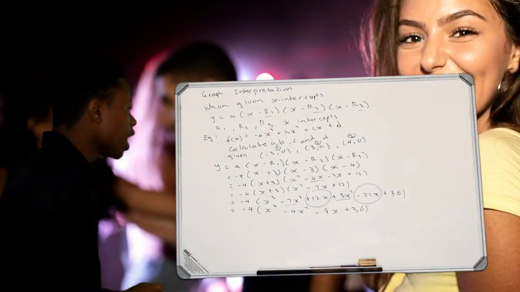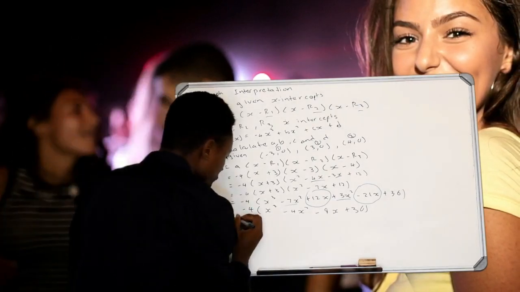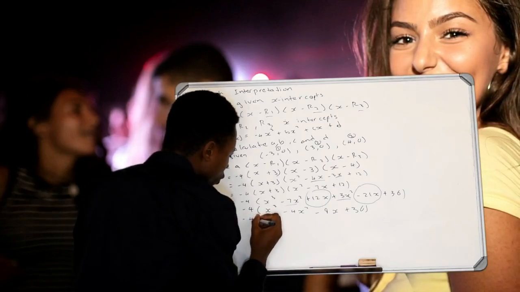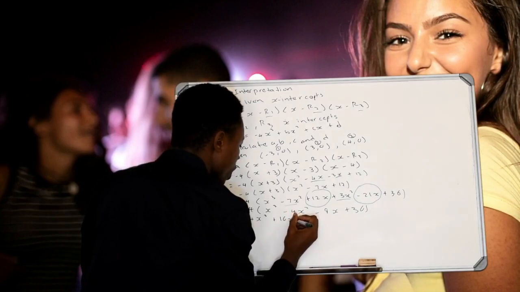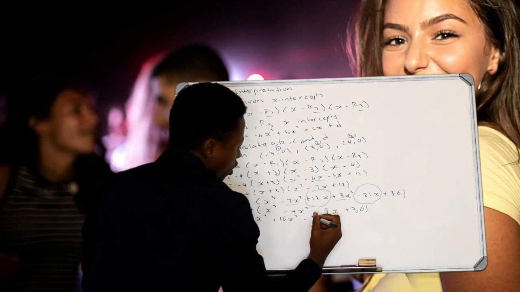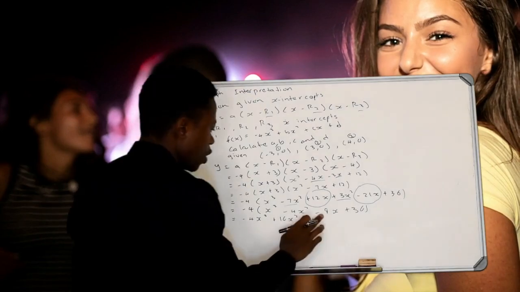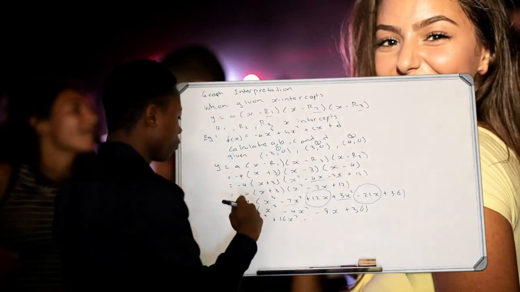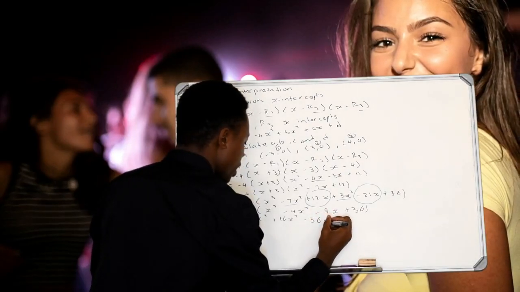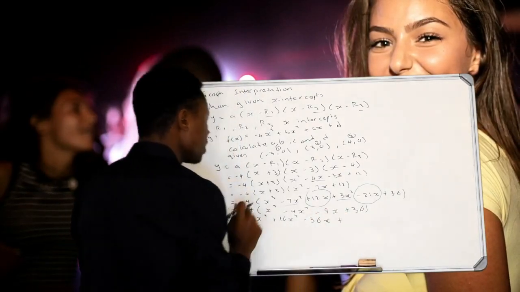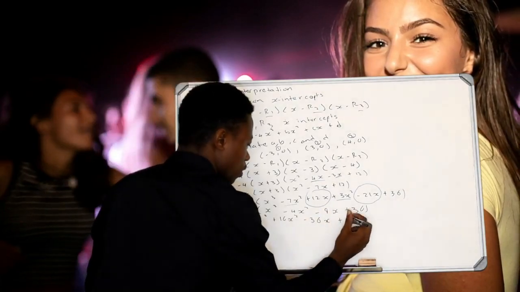Okay, so from here, I multiply the 4 into the bracket. When I multiply the 4 into the bracket, I end up with 4x cubed plus 16x squared minus 36x plus 144.